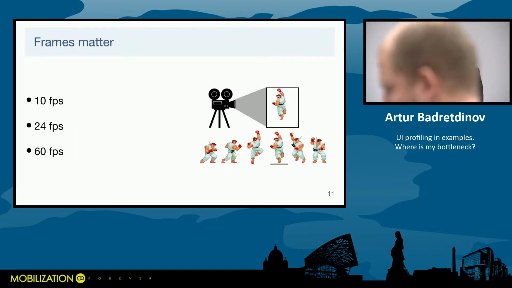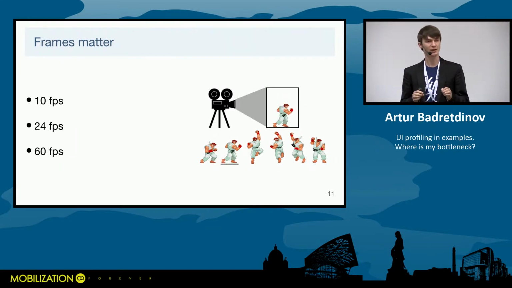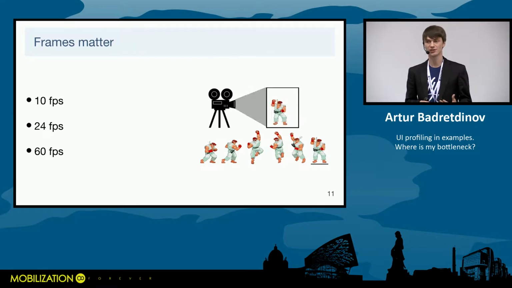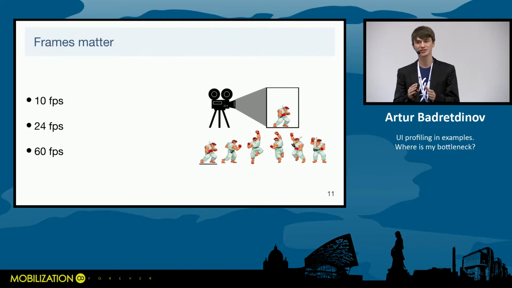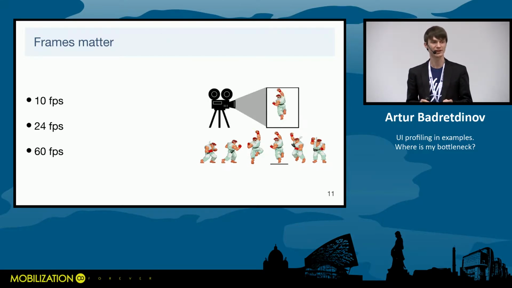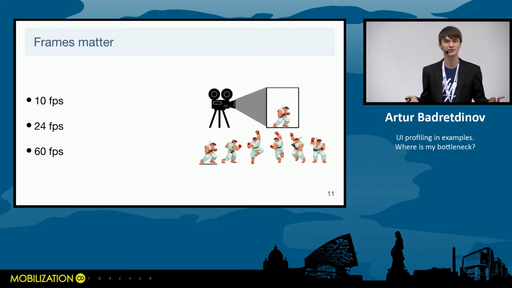However, many people think that 60 FPS is the number we should aim for. And why? Because there were different studies about how people perceive video. From 24 to 60 FPS, you still see a slight difference in how it looks. And after 60 FPS, people's eyes usually don't see any difference at all.